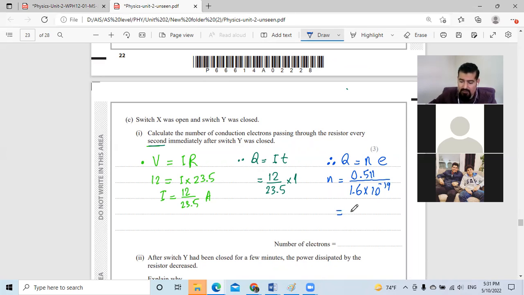And by using the calculator, the answer will be 3.2 times 10 to the power of 18 electrons.